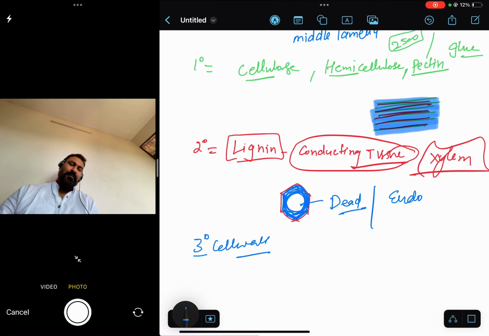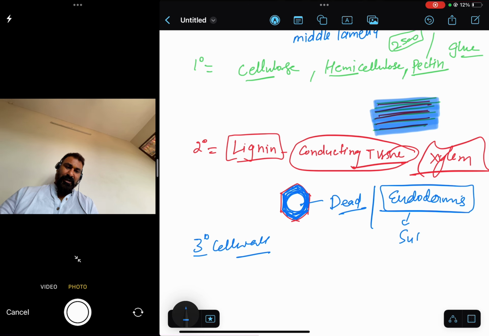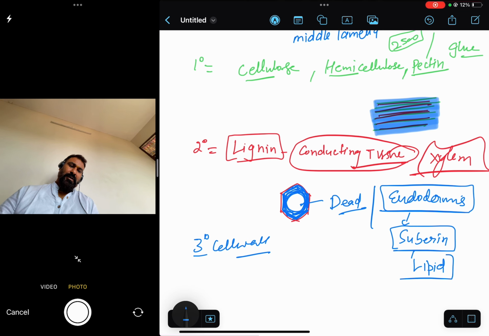In the endodermis, the layer present around the xylem tissues, or we can say around the conducting tissues, the deposition is suberin, a lipid.